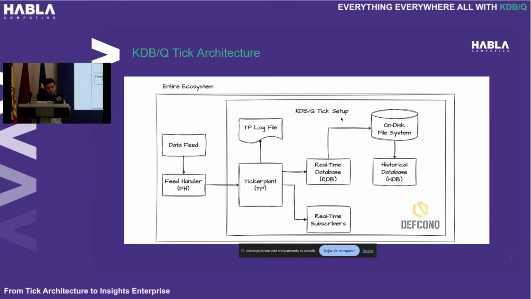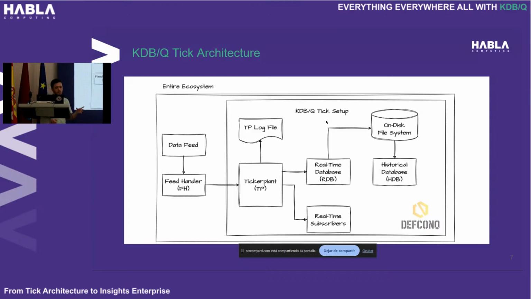Okay. So for example, one subscription, the real-time database, is just a process that is going to be connected to a ticker plant. So it's going to receive data and store that data in memory, so you can query the real-time database from outside to get data in real time. And at the end of the day, that data is going to be sent to an on-disk file system and stored there.